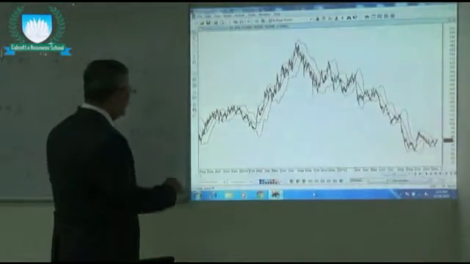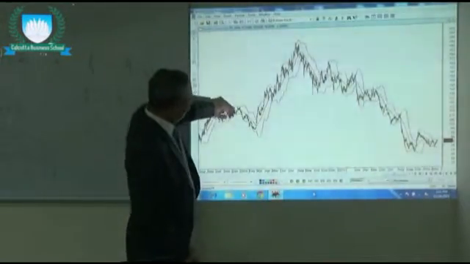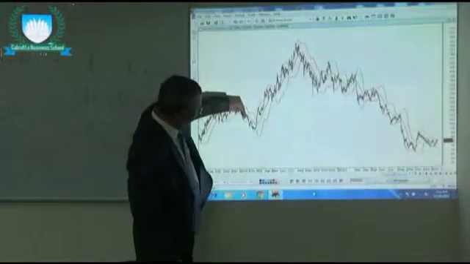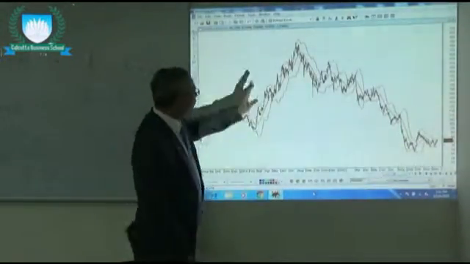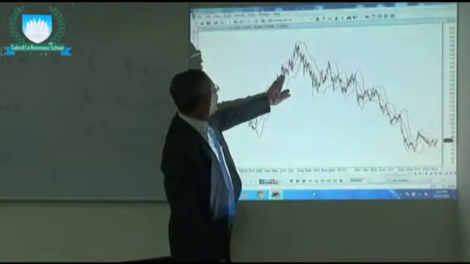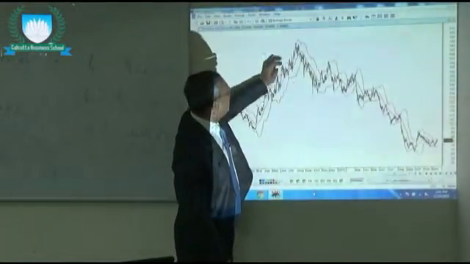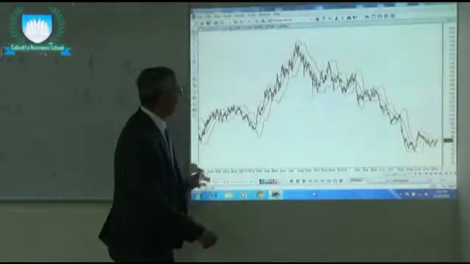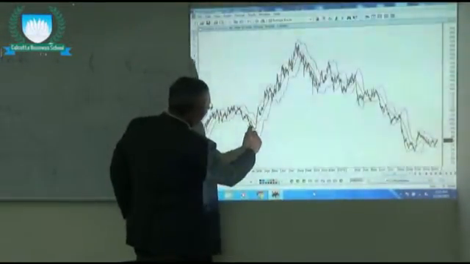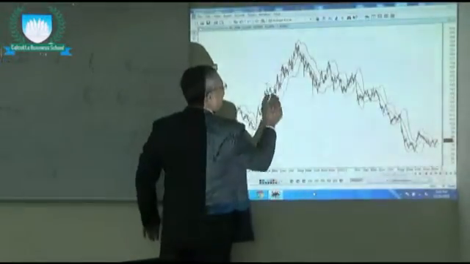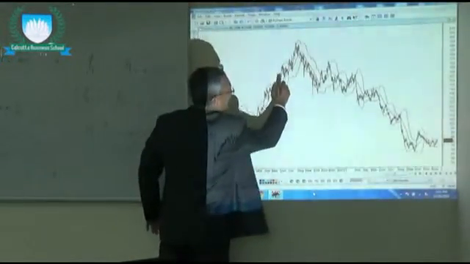Now, observe that when the actual series moves along the lower bound, it bounces back, and when it moves up and touches the upper bound, it has a tendency to fall. In this entire movement, you will observe that the actual 20-day moving average acts as a support to it.